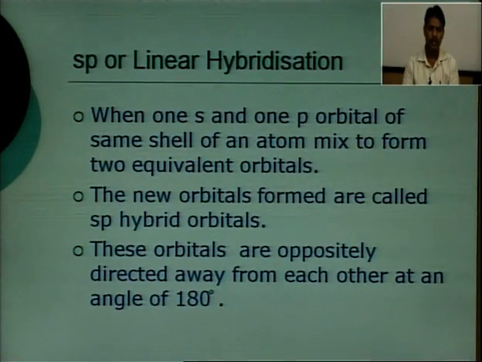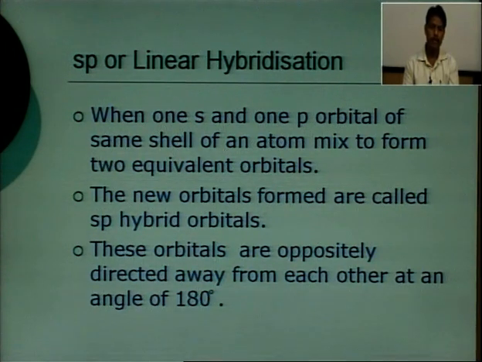Next, sp or linear hybridization. When one s and one p orbital of the same shell of an atom mix to form two equivalent orbitals, this hybridization is called sp hybridization, also called linear hybridization because the orbitals form a linear shape. The new orbitals formed are called sp hybrid orbitals.